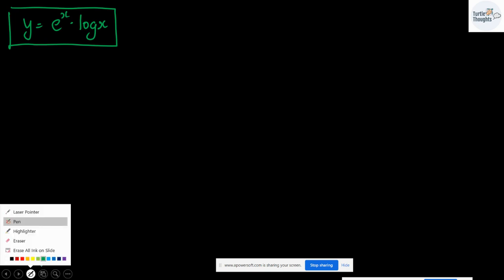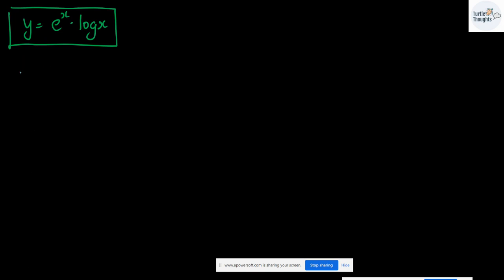Okay. So let me take one more problem. Say y is equal to e to the power x multiplied by log of x. I observe that in this problem, two functions are multiplied with each other, so I can use my product rule.